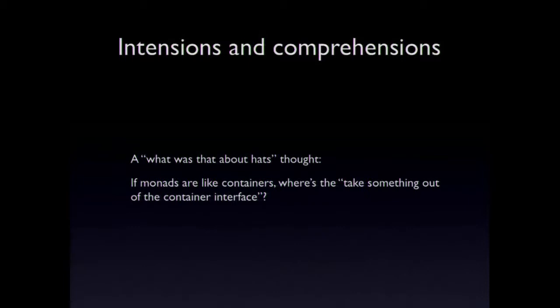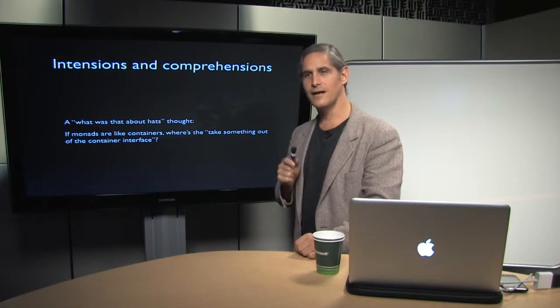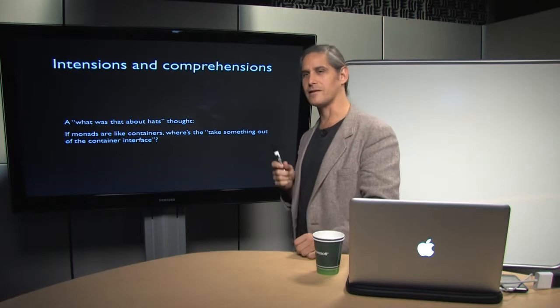And here's another interesting question. And this is a what-was-that-about-hats kind of thought. Why do I mention that? Well, I'll show you in a minute. But the really interesting thought, the thing that ought to make people twig, is if you think really hard about shape, wrap, and roll, what's inside that API that allows me to get anything out of the container?